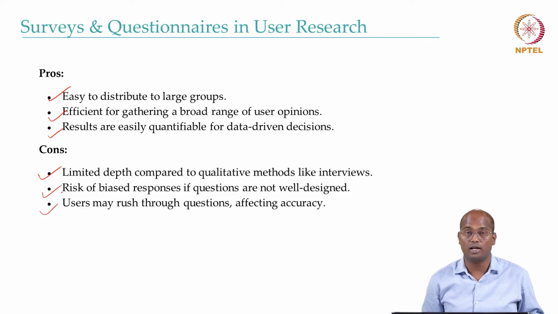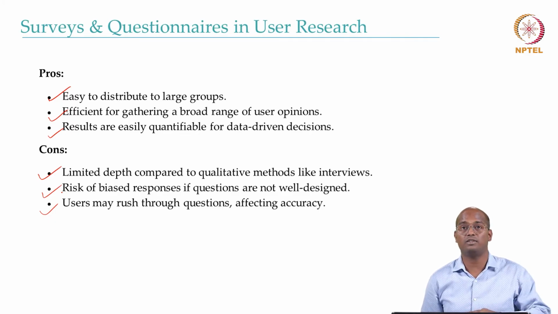So how to ensure that? There are several ways to ensure that. One common method is you can repeat the question. By repeating the question, if the person is filling random responses, it might be the case that for the repeated question that you have asked at some other place, the person will give a different answer.